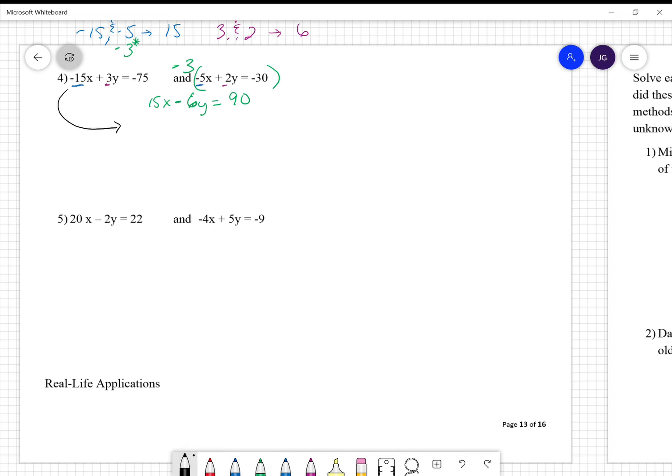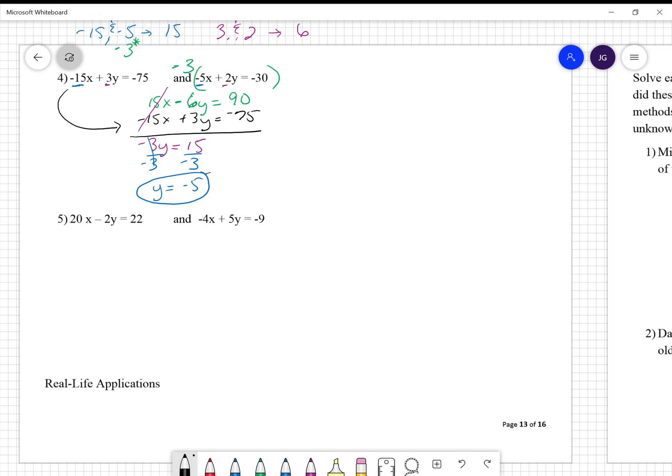All right, now that I've got my signs fixed, I'm going to write the first equation underneath. I didn't have to multiply it by anything, so it's a little less work. My new equation, the x's cancel. I have negative 3y equals 15. Divide both sides by negative 3. Y equals negative 5.